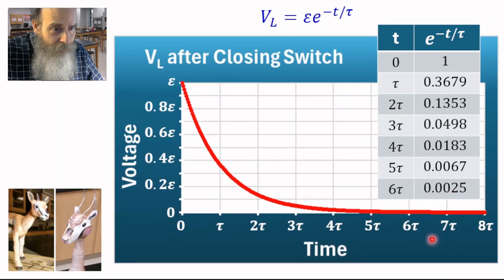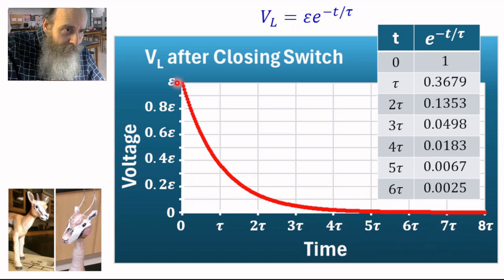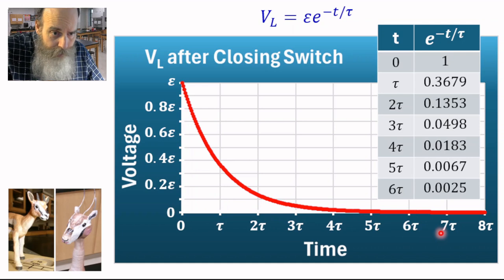Let's look at the graph of voltage versus time. Now I have EMF on the vertical axis and tau on the horizontal axis. And we can see here that after about a time of 5 tau, the voltage has pretty much gone to 0 and remains 0 after that. So a time of 5 tau is enough to reach the steady state conditions.